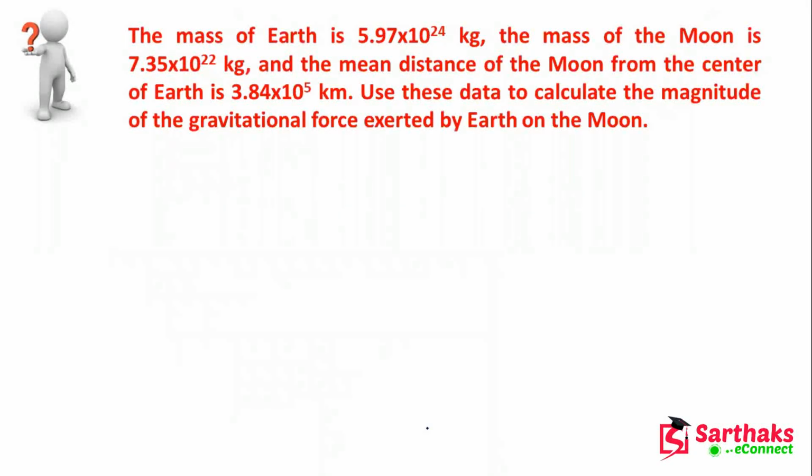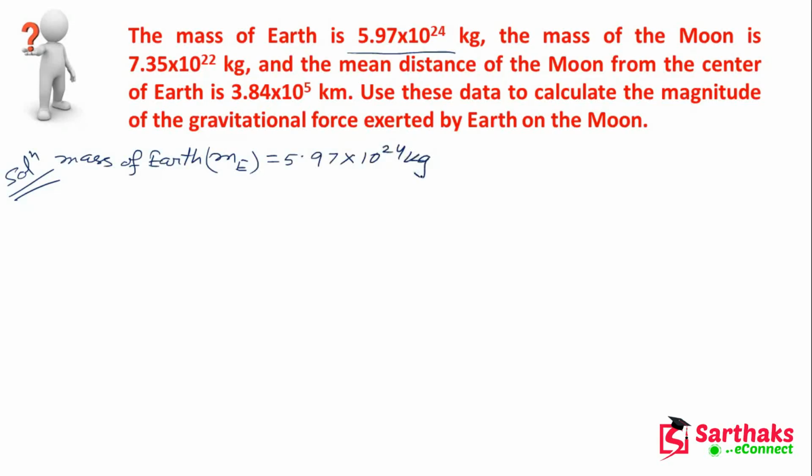Next, here the mass of the earth is, let's solve this one. Mass of the earth is 5.97 into 10 to the power 24 kg. So let the mass of earth be denoted by ME, equals 5.97 into 10 to the power 24 kg, and the mass of moon is 7.35 into 10 to the power 22 kg.